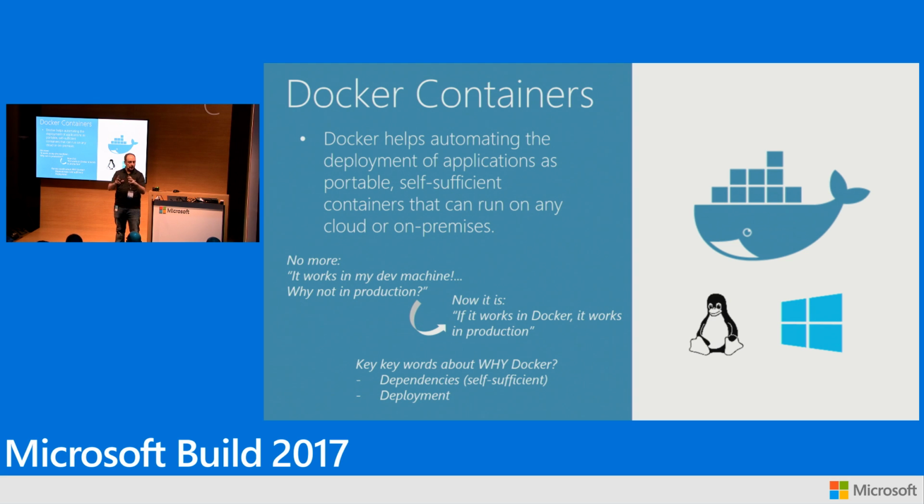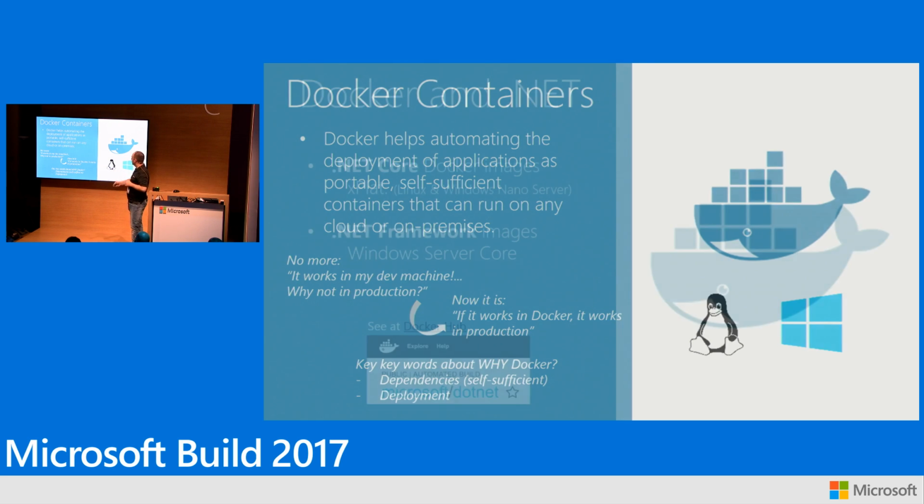Anything that you're going to need for that is the container image. So basically, the typical phrase that you may hear from developers, hey, it was working in my machine, why is it not working in production? This doesn't happen in Docker because all the dependencies are in the image that you are deploying. Okay, so that's a very quick summary.